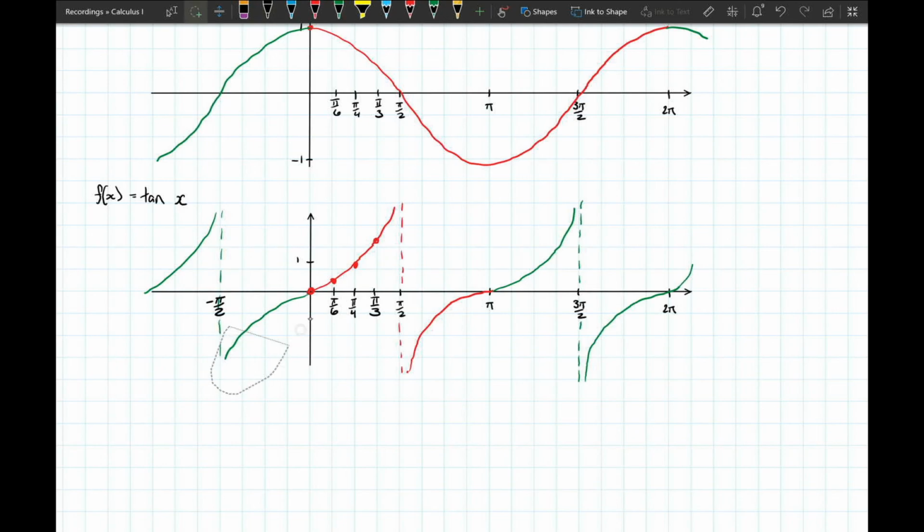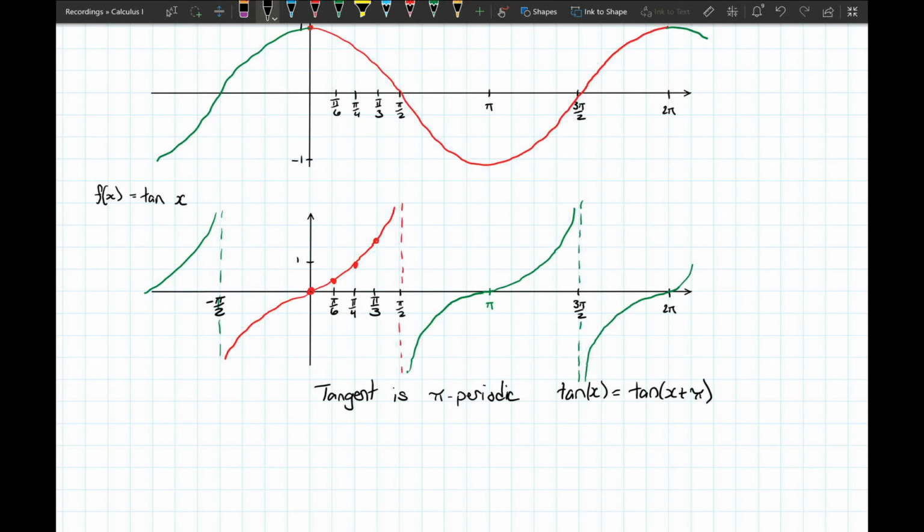We're going to include this section here on the left as the part of tangent that we remember the most, between negative pi over 2 and positive pi over 2. And then it repeats itself every pi. So we say that tangent is pi periodic because it repeats itself every period of pi. And tangent of x is equal to tangent of x plus an additional half circle, pi.